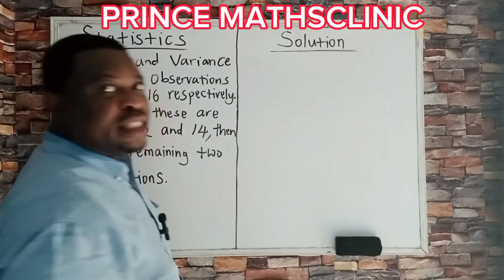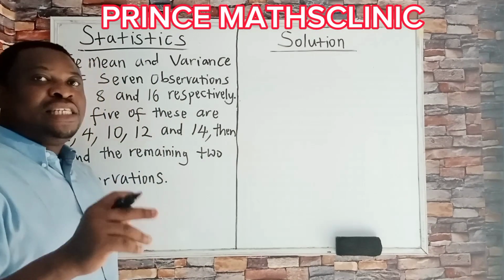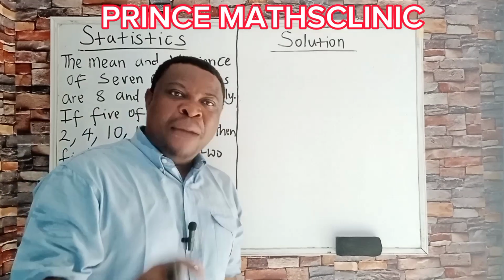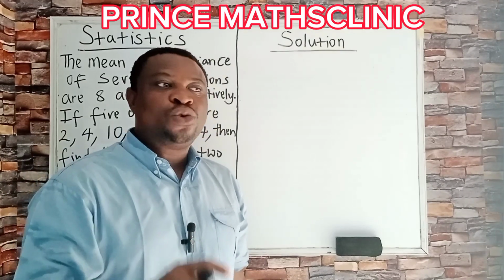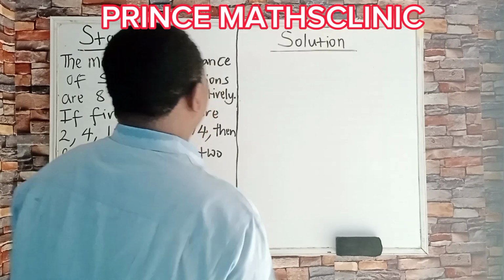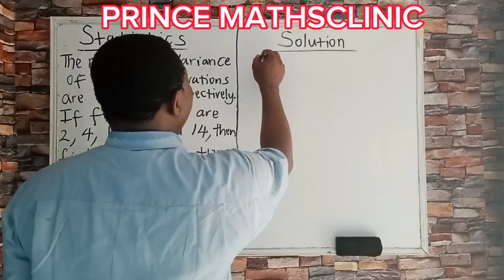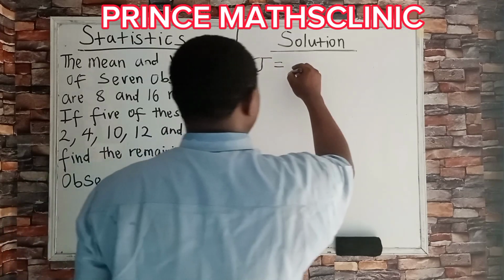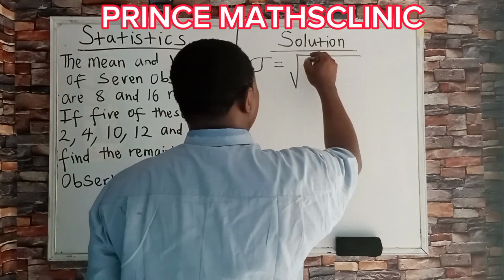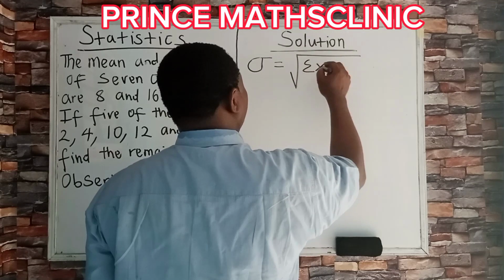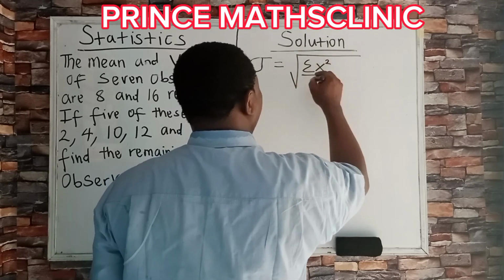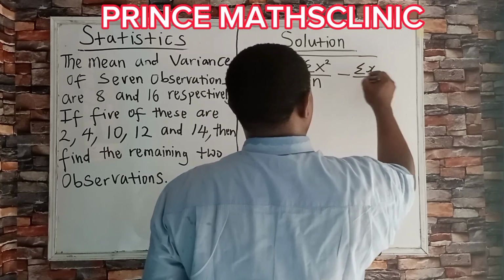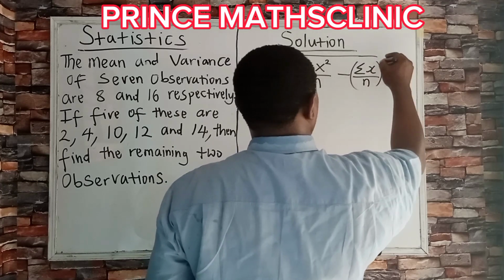Now, let me state this clearly, that in statistics, it is your formula that will determine the method you are going to use. Now, we know that our standard deviation is simply the square root of the summation of x squared over n minus the mean squared.